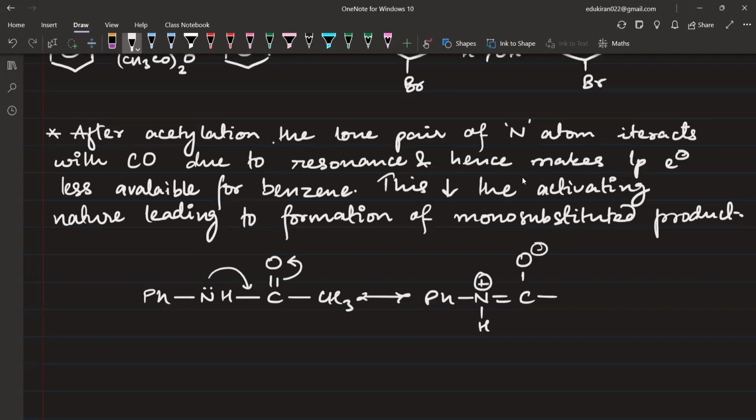Nitrogen will be having positive charge, CH3 is as it is. Okay. Now, because it is showing resonance there, this lone pair we can write less available for benzene.